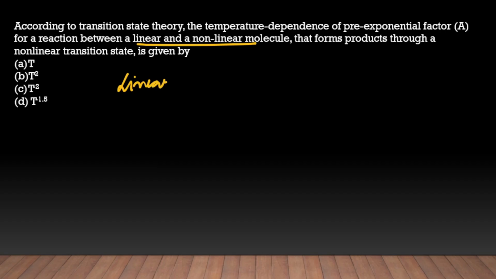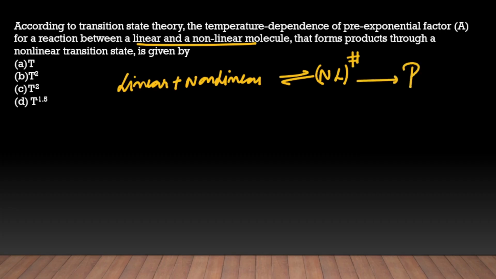So we have a linear molecule with a non-linear molecule, and this forms a product going through the non-linear activated complex, or the transition state, and then this goes to the product P. So according to our transition state theory, there exists an equilibrium between the reactant species and the transition state. This is what this theory states to us.